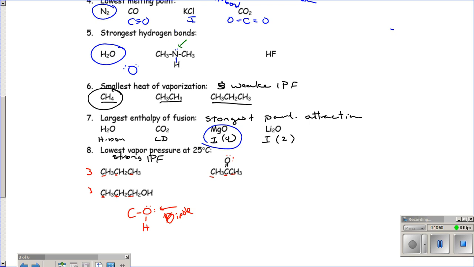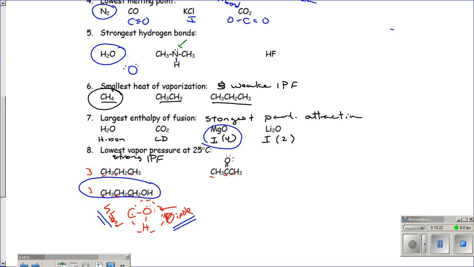But this hydroxyl group is really what gives it away. This compound is a much stronger compound with its hydrogen bond. You have that OH bond, which turns our dipole into that special dipole, the hydrogen bond dipole. So this is going to be the strongest interparticle attraction, and therefore the lowest vapor pressure.